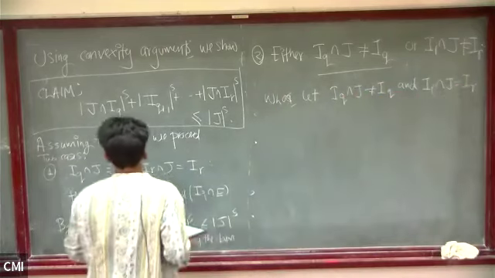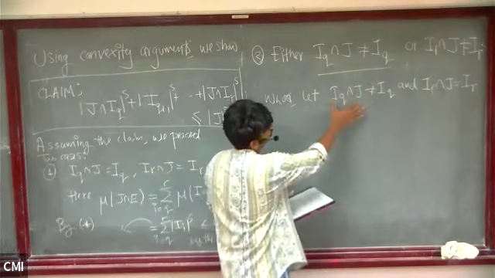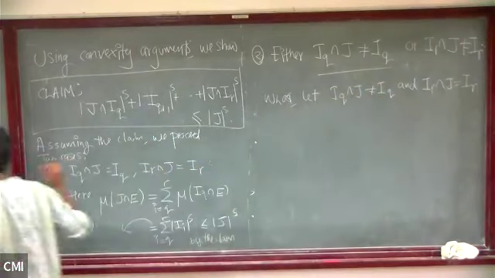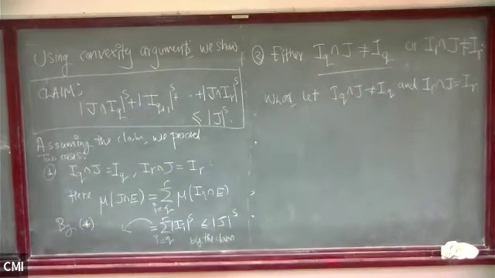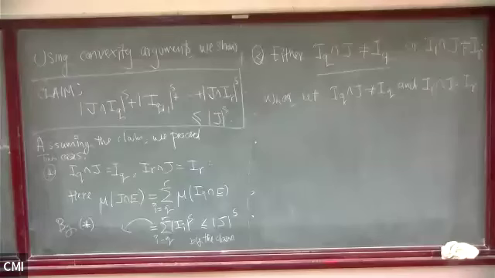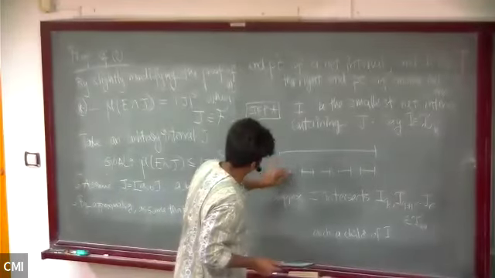In this case, I'm going to look at IQ intersection J. IQ intersection J is going to be this region. This picture is a bit misleading because here it completely covers IQ. Let me assume that this is my J. Is this visible over there? So IQ intersection J is going to be this region.